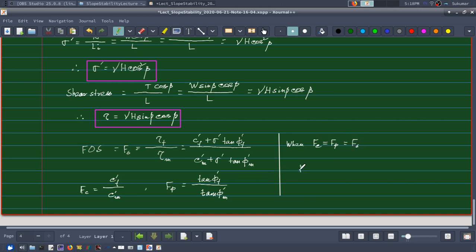Then Fs will be equal to Fc, so C dash F by C dash m, and that will also be equal to tan phi dash F by tan phi dash m.